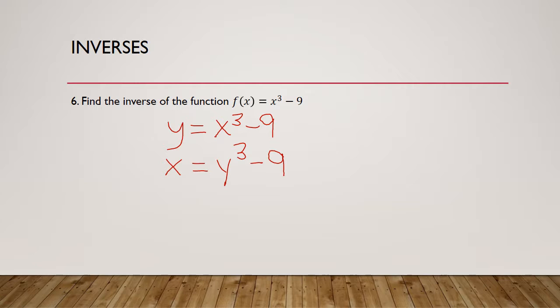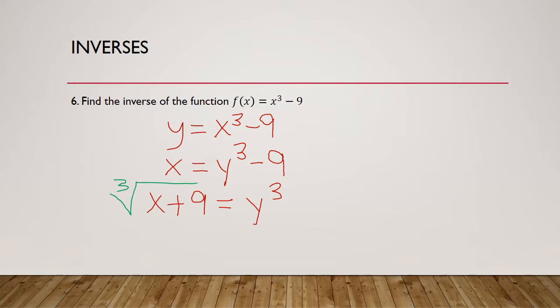Okay, so now I have to get y alone. So the first thing I'm going to do is add 9 to both sides. x plus 9 equals y cubed. And then how do you get rid of y raised to the power 3? When you want to get rid of a power 3, you have to take the cube root on both sides.